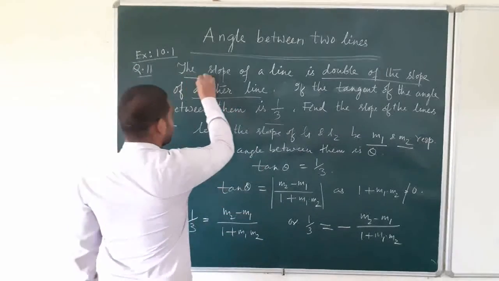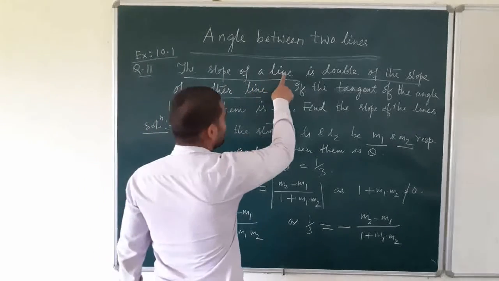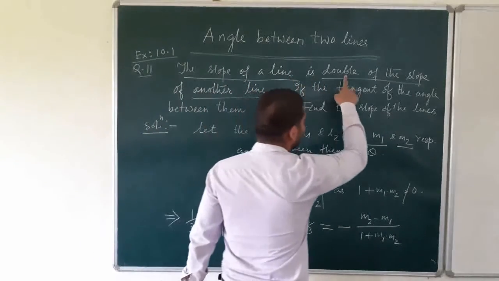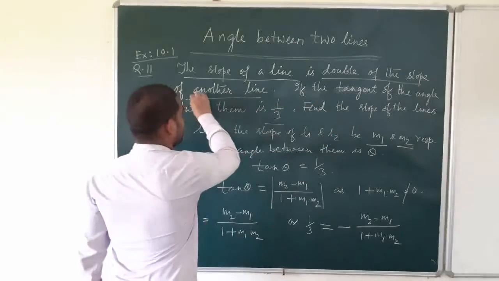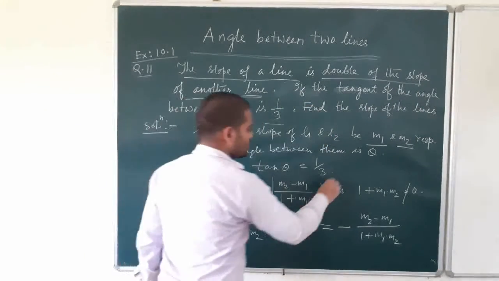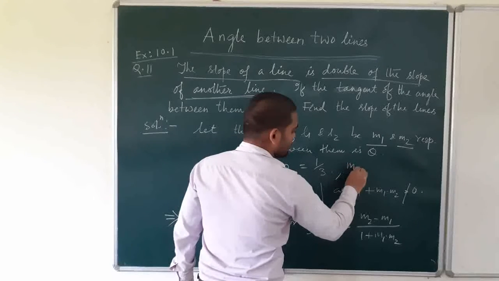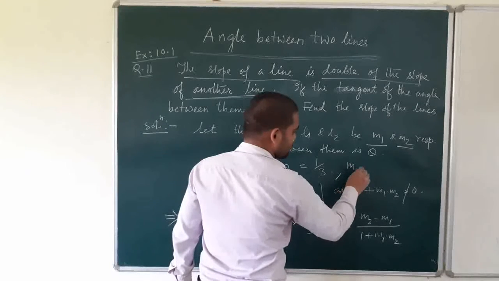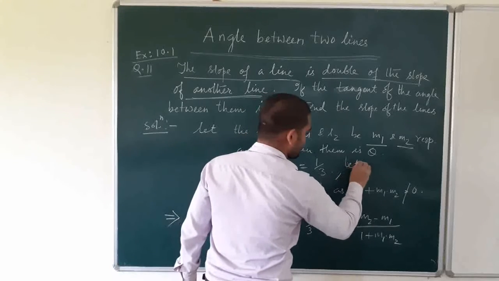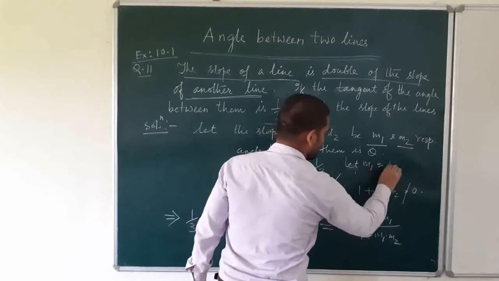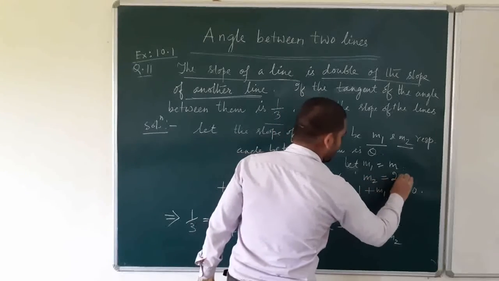Another thing is given here. See, the slope of a line is double the slope of another line. So, let M1 slope be M, then M2 will be 2M.